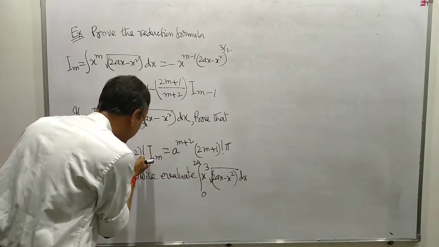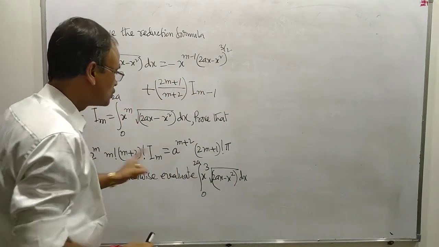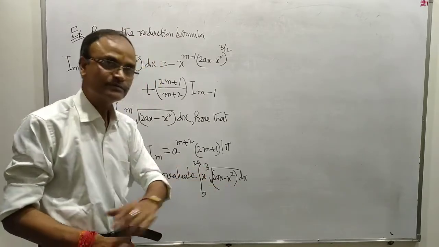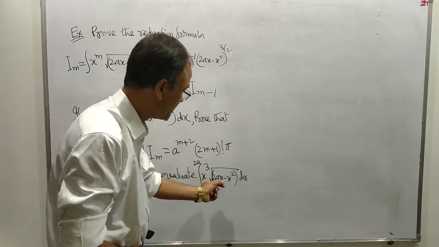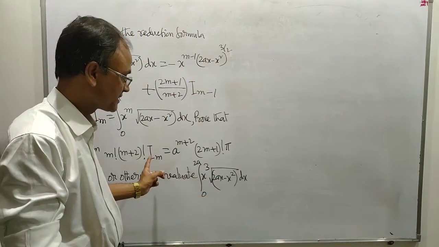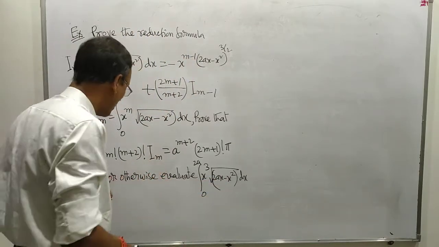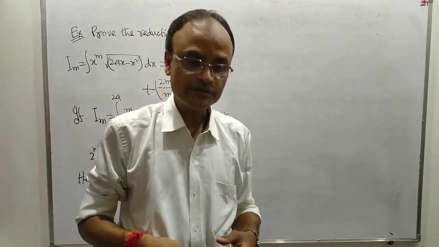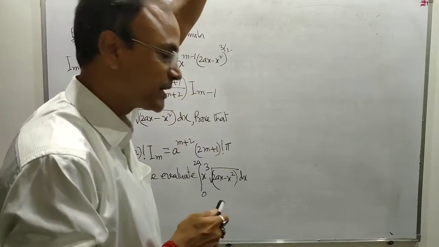And using this result, we have to evaluate integration 0 to twice a x cube, this one. We will evaluate this using this result, and otherwise also we will try to solve it by an alternative method.